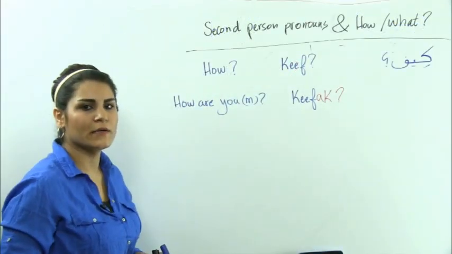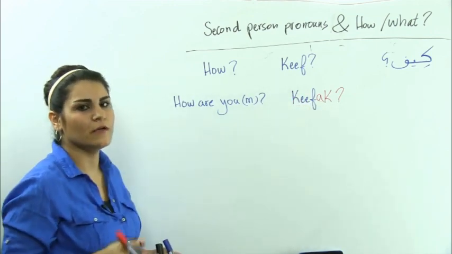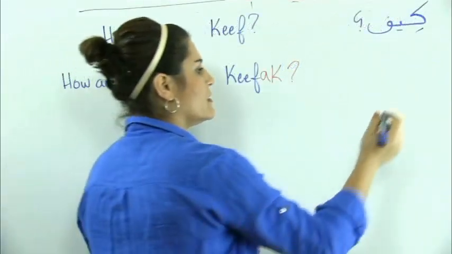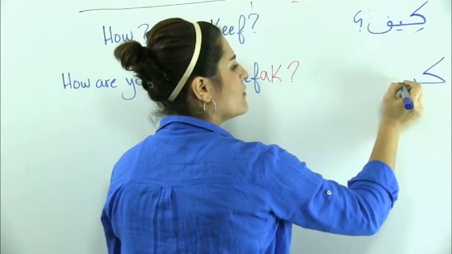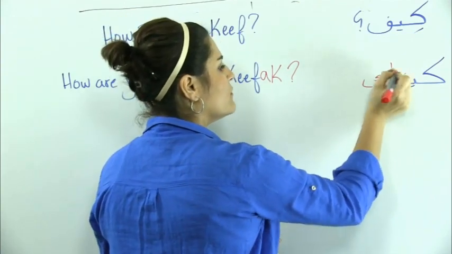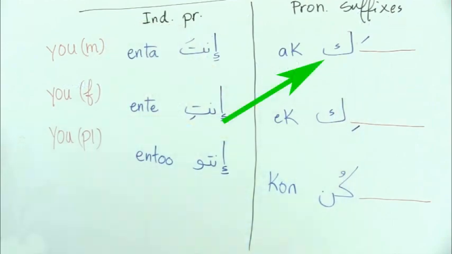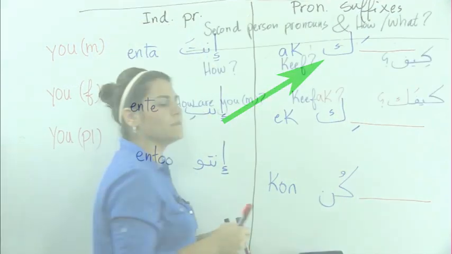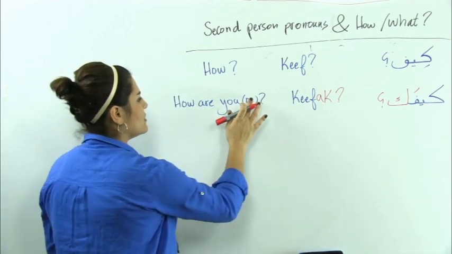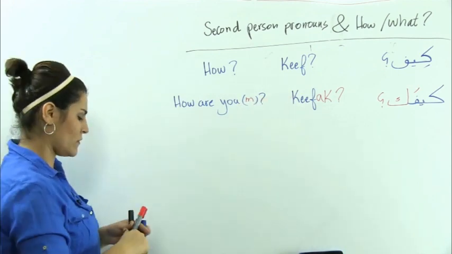You remember ak? It's the pronoun suffix representing you masculine. And how we write it in Arabic is exactly how we wrote it before: كيفك. I'm going to write here masculine so you know the equivalent in Arabic.